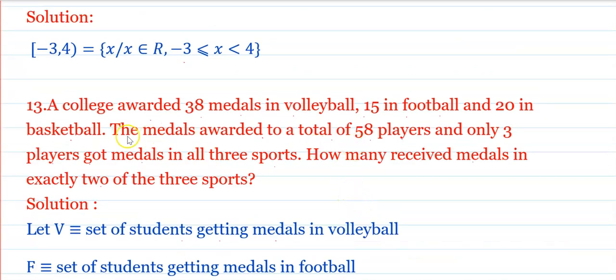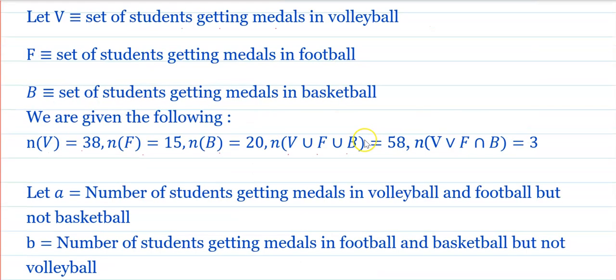These are the medals awarded to a total of 58 players. What about their intersection? That is n(V intersection F intersection B). Means what? In all 3 sports who get the medals, there are 3 ones.